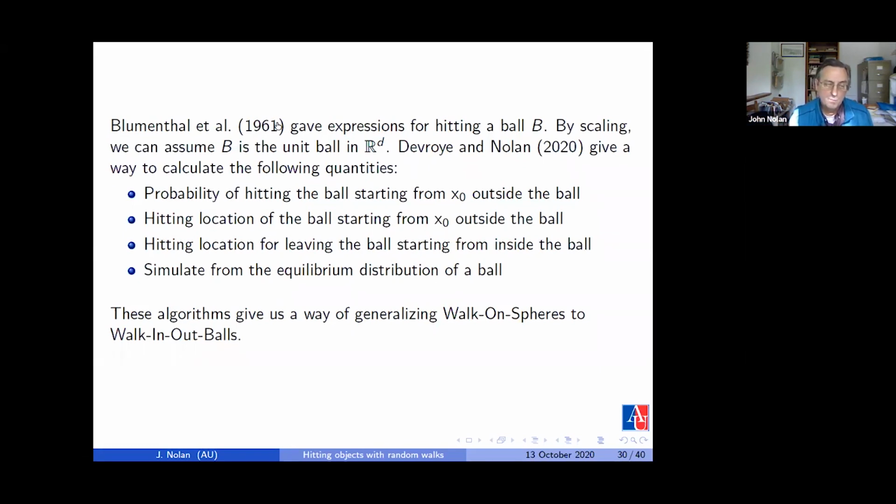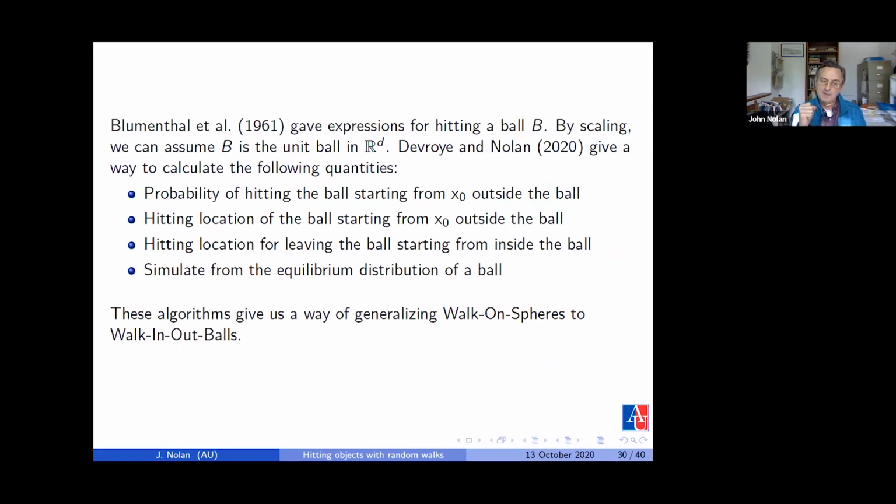What Luc Devroye and I have worked on is to find computationally useful ways of implementing the formulas in this paper. We'd like to know the probability of hitting a ball if we start from some point outside the ball. We're focusing on balls here because, frankly, balls are the only thing that we can really handle exactly.